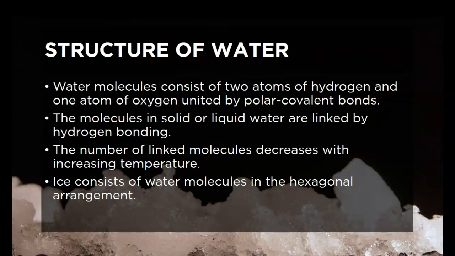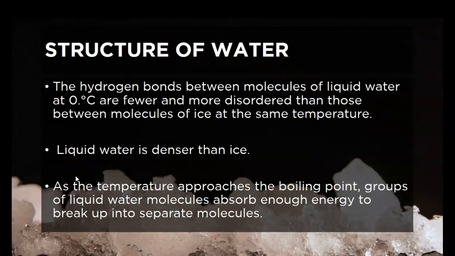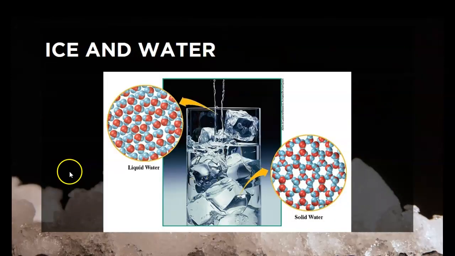The number of linked molecules does decrease when I increase the temperature, so that temperature increase will reduce those hydrogen bonds a little bit. And we're going to look at this with ice. Because of those hydrogen bonds, we see basically a crystal forming when water freezes into ice.